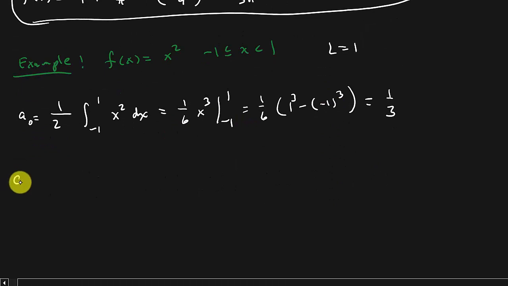Now let's find A sub n. Okay. So that's 1 over L, so that's 1 over 1, which is just 1. And that's going to be the integral -1 to 1 of our function x squared times cosine of n pi x over L dx.